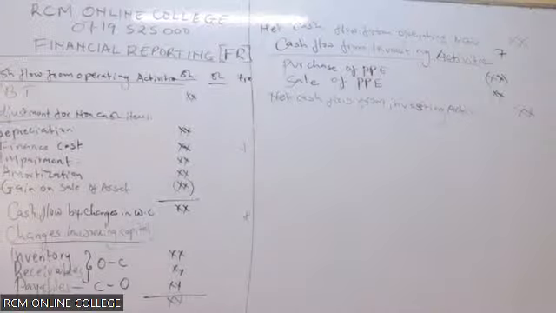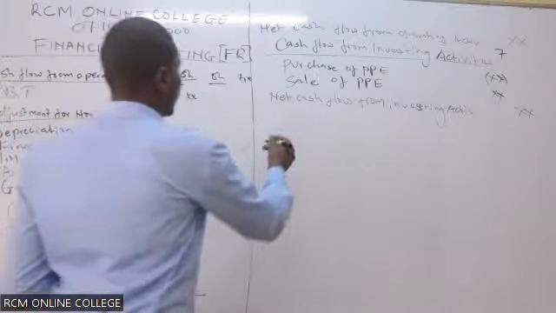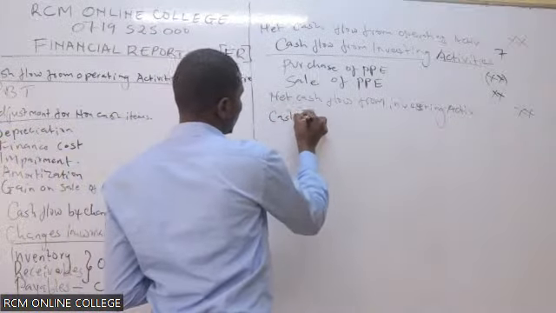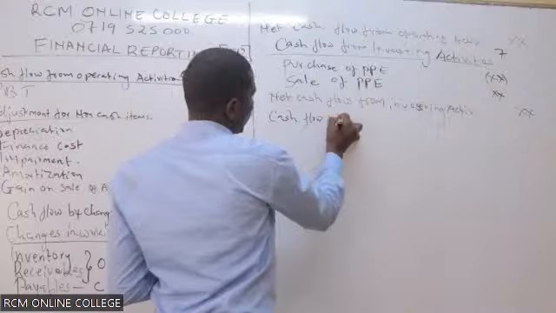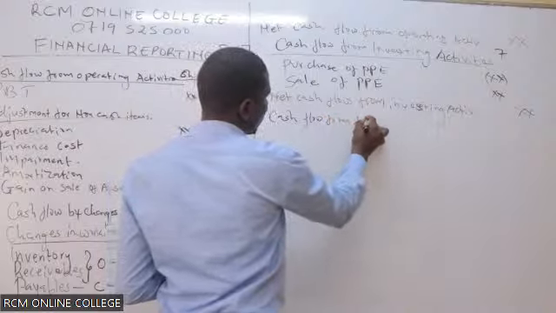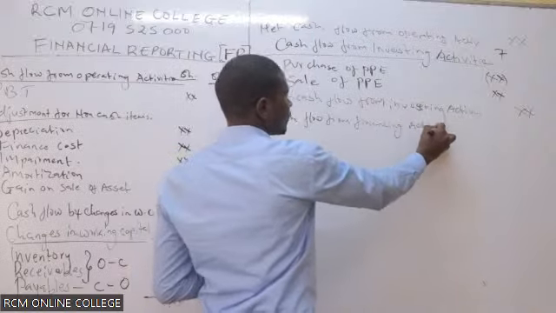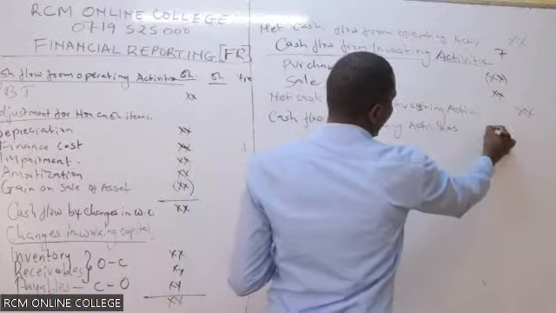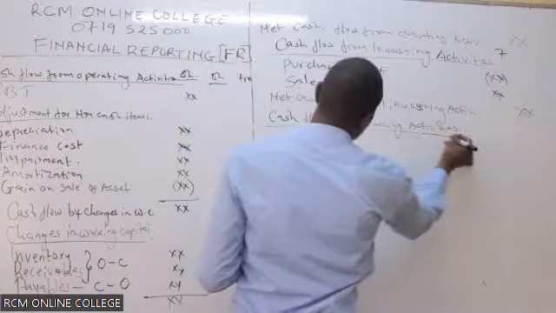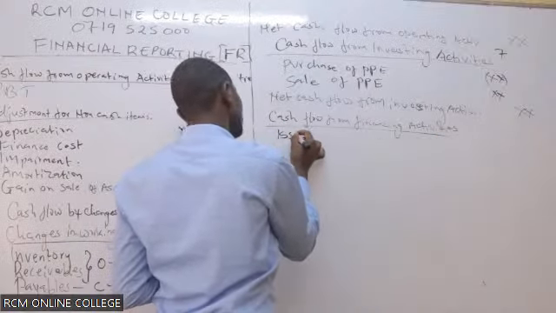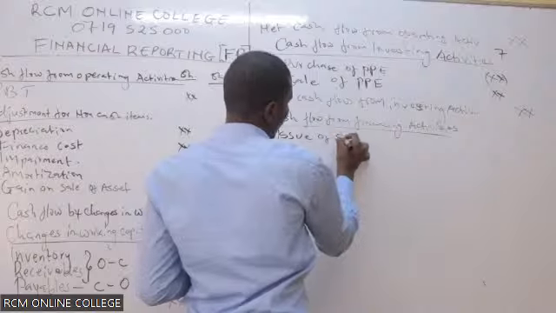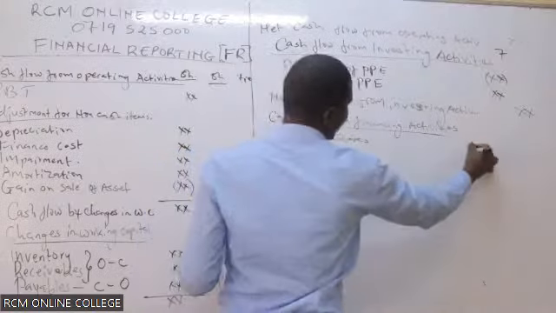Haya, then unakuja unapata financing, cash flow from financing activities. Under this unaweza kuwa na issue of shares. Unaweka kwa column ya kwanza.